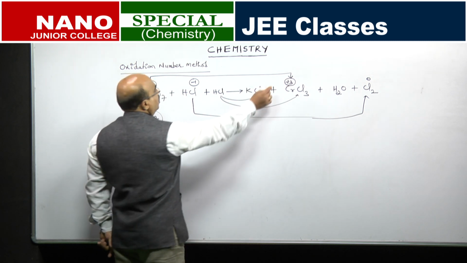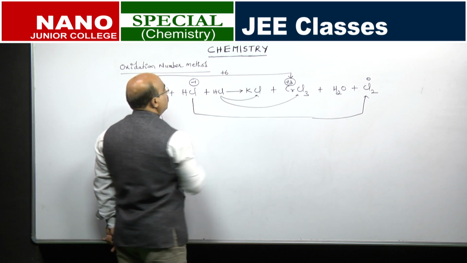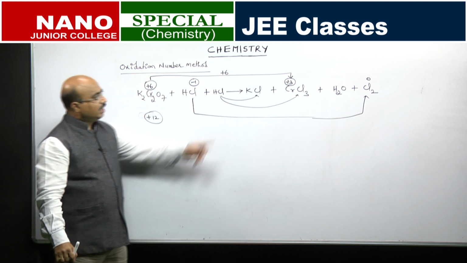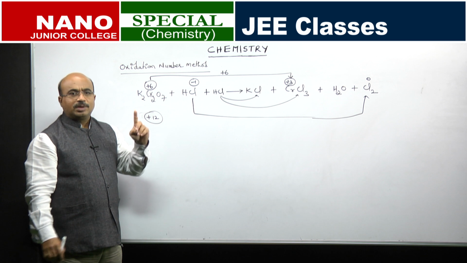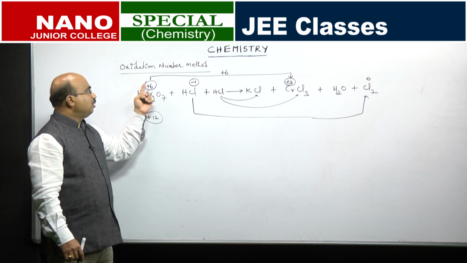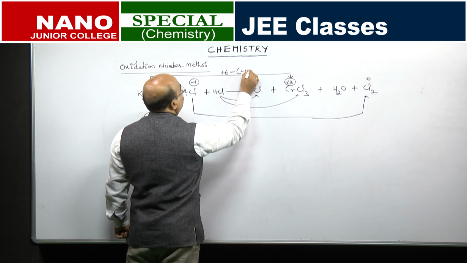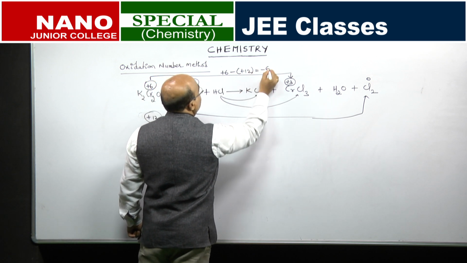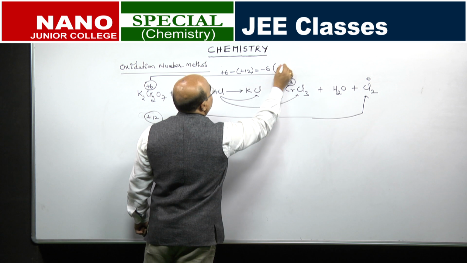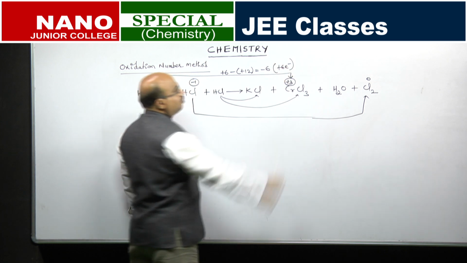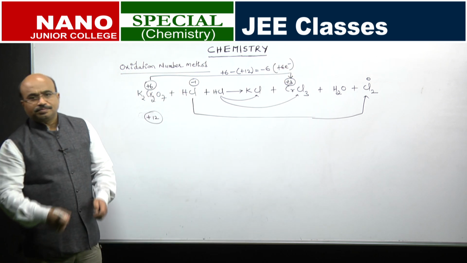So, what is the final charge here? Plus 6 on the right hand side on the chromium, each one is +3, while here the chromium is +6. So, the total charge here is +12 on the left and +6 on the right. So, the total change will be -6, which means 6 electrons are gained.